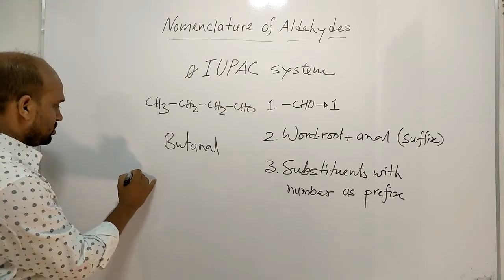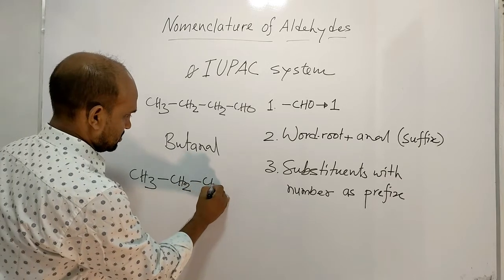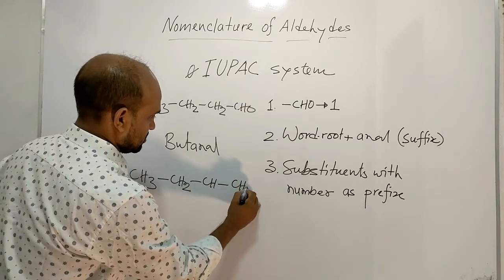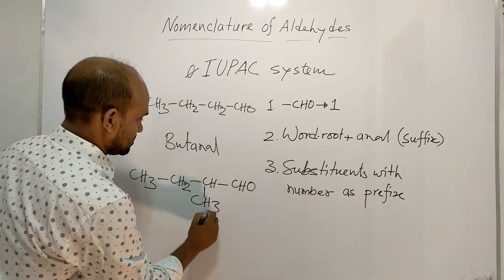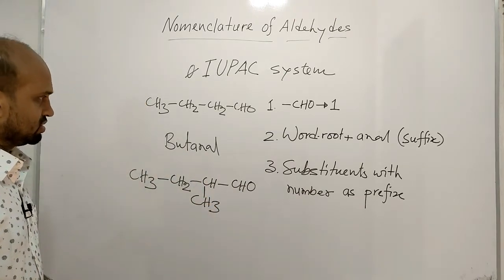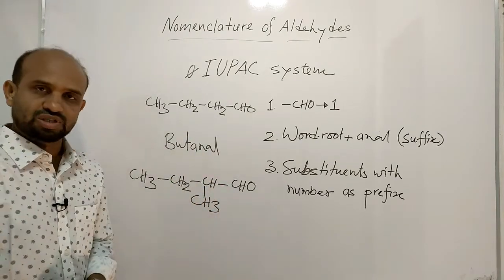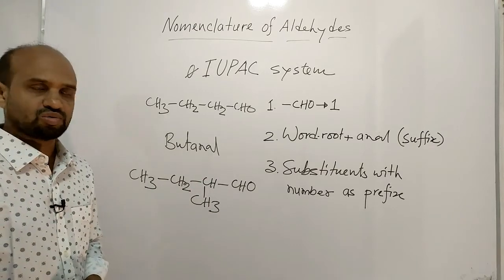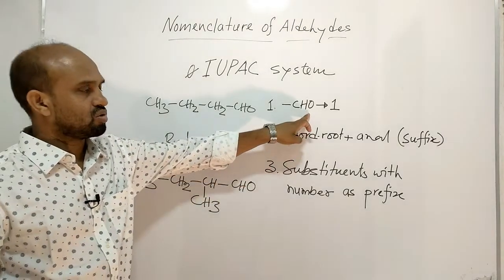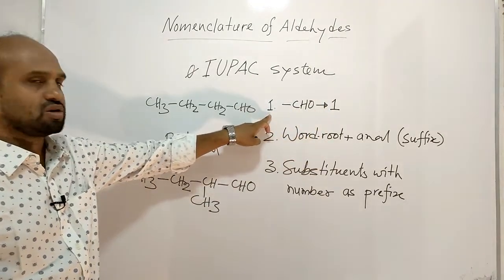Let's see another example. Here is CH3. Aldehyde carbon will be expressed always by 1. This is said at rule 1.